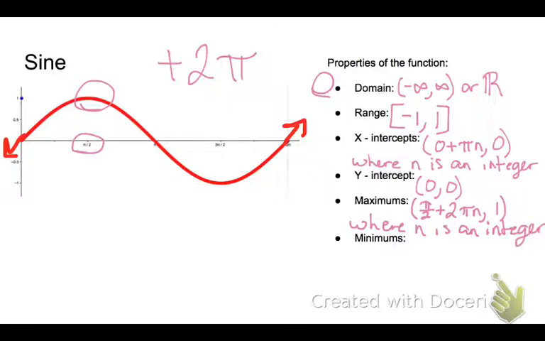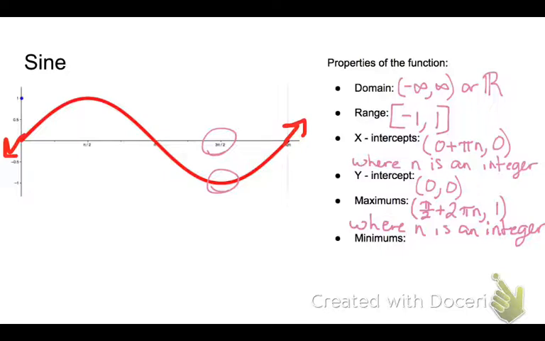We do want to write that every single time because we're introducing a new variable, and we want to make sure we understand what that variable represents. Minimums are very similar to the maximums, except this time the minimums, in this particular graph, start at 3 pi over 2.